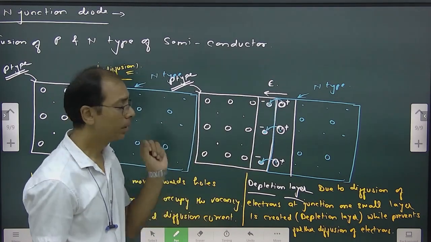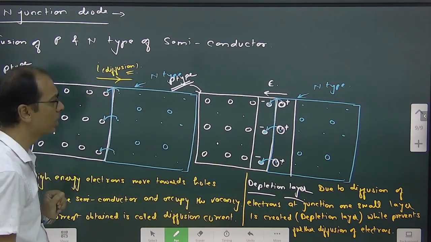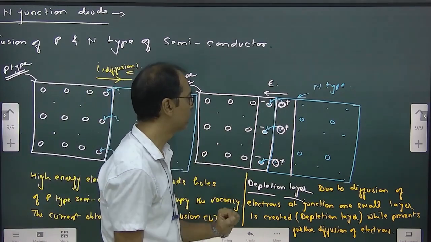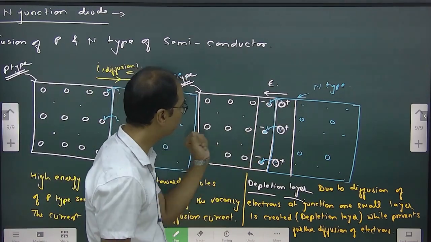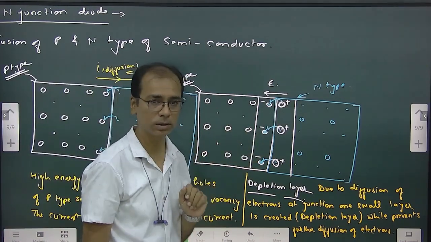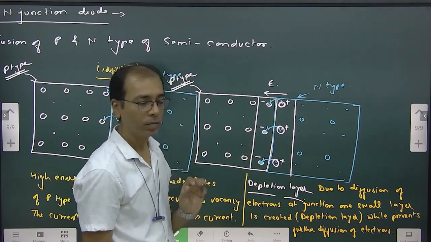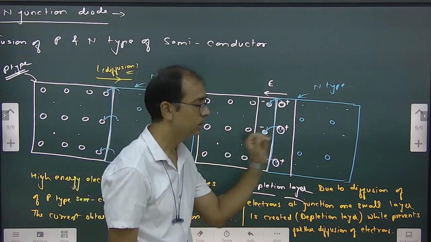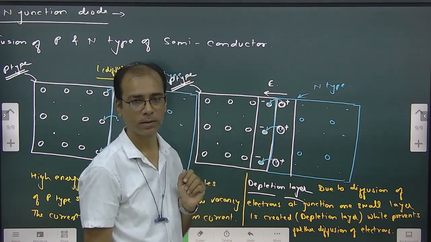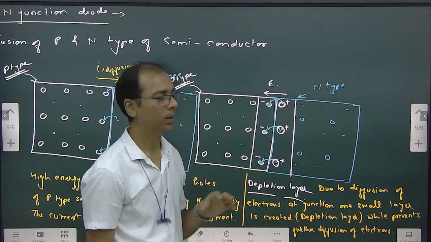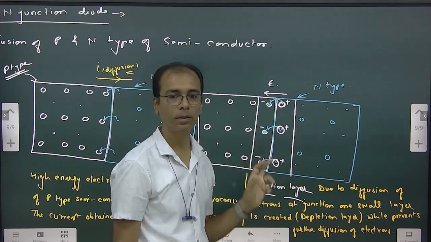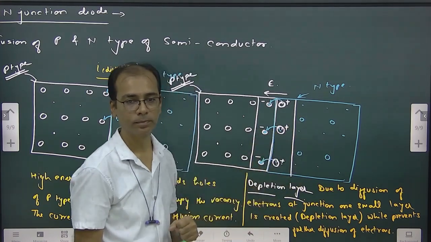But let's discuss the other charges. Holes cannot move this side, electrons cannot come this side. But what about these electrons? These are also conduction electrons. When these conduction electrons try to pass this side, they are able to pass. Whatever vacancies are here, they are able to occupy. Why?